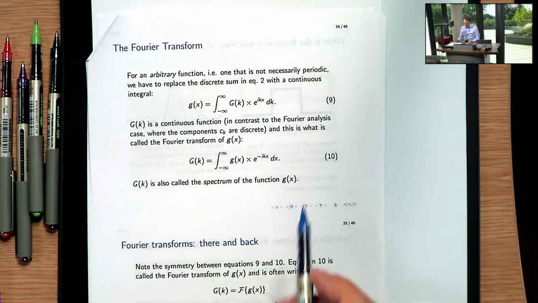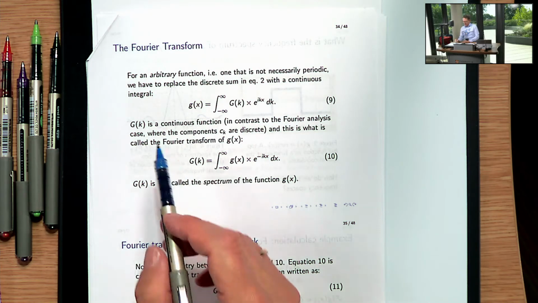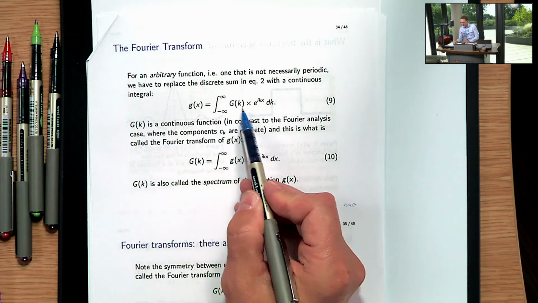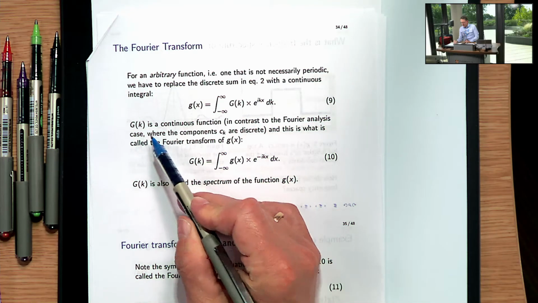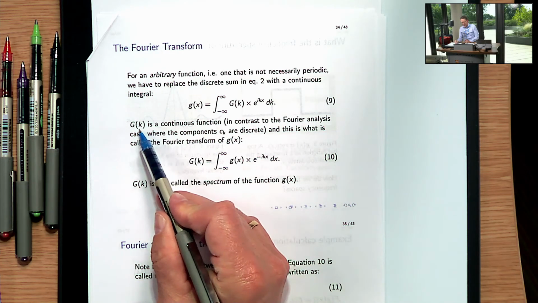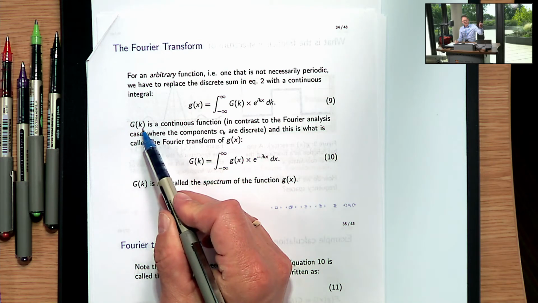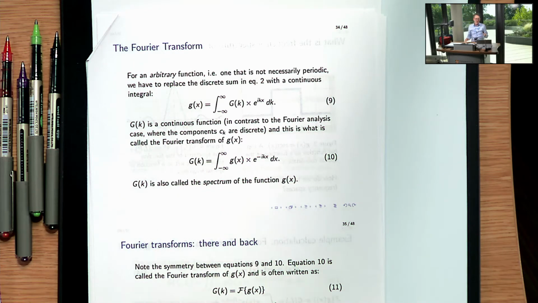The difference is that g of k here is a continuous spectrum of frequencies, whereas in the previous synthesis and analysis case you had discrete components, omega 2, omega 3, omega 4, or k, 2k, 3k, whatever variable you describe the frequencies with, discretely spaced.